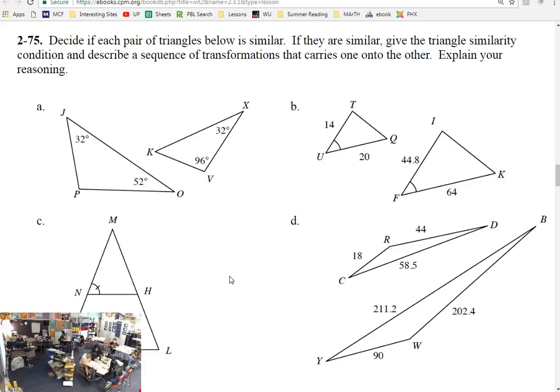Could anybody give me these specifics for C? Is it similar? As we get deeper and deeper, we want to get more and more detailed. So you can't just say dilation. If you can say more.